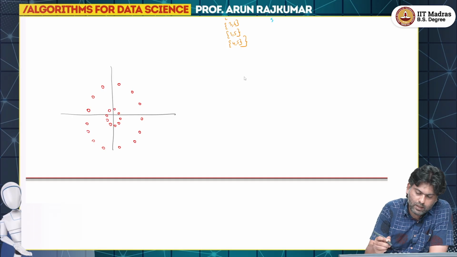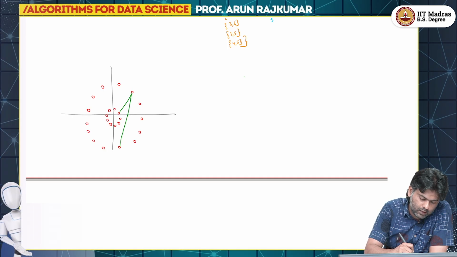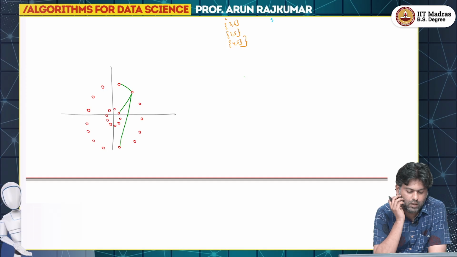So each data point is a node, and there is an edge between any two nodes. For example, this is one edge that we may want to care about. Here is another edge that we may want to care about, and here is another edge that we may want to care about.